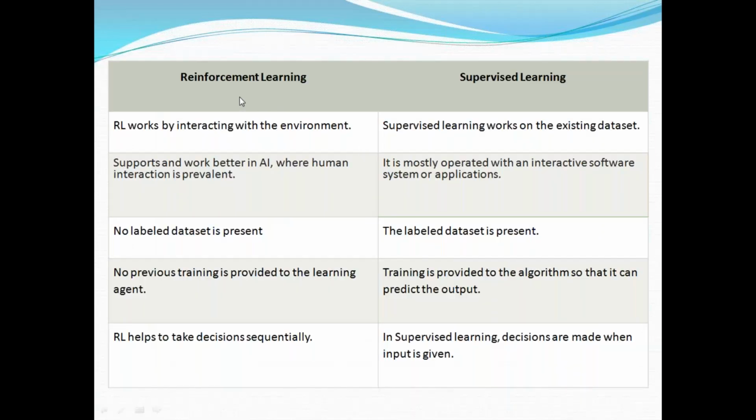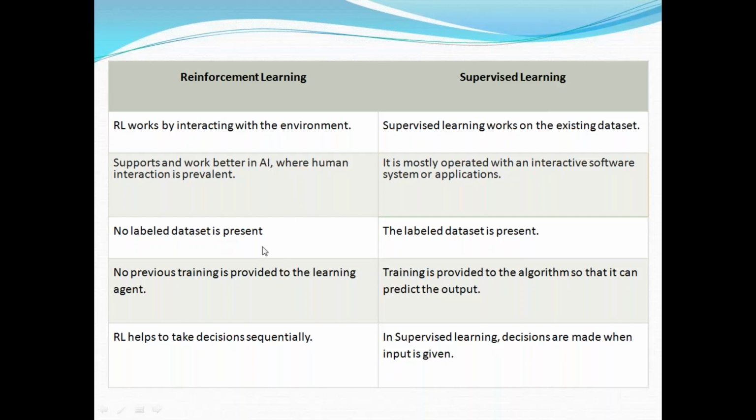So these are the basic differences between reinforcement learning and supervised learning. Reinforcement learning works mainly by interacting with the environment, whereas supervised learning mainly works on the existing data set. So it works better where the environment is AI related. Here no labeled data set is present in reinforcement.